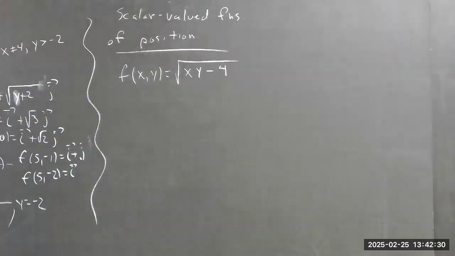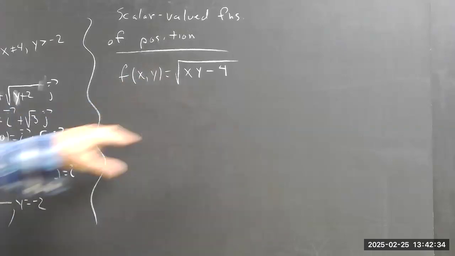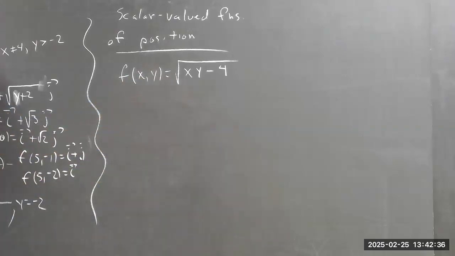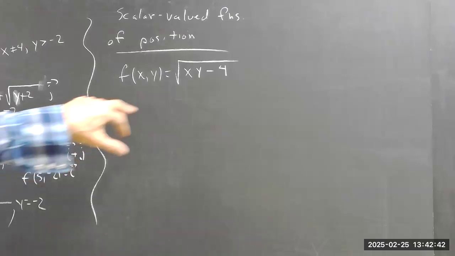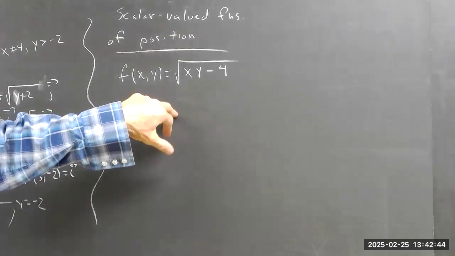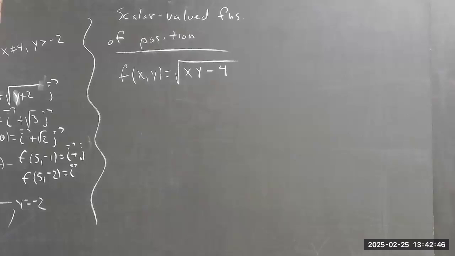No i, no j. And so we're going to do these before we do these vector fields, these vector valued functions. I wanted to mention this to give you a little bit of context for this. This is important in itself.